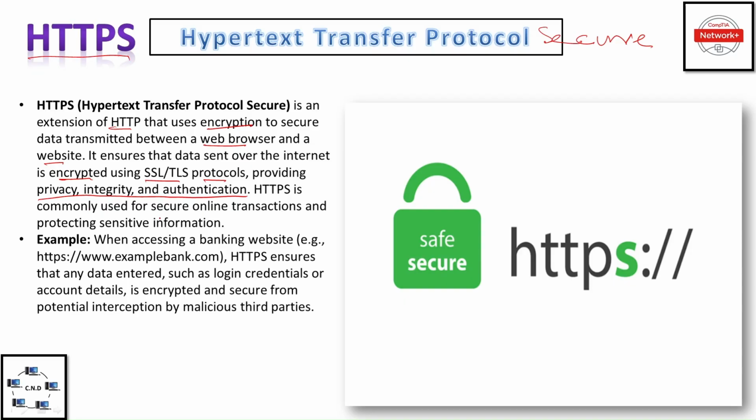HTTPS is commonly used for secure online transactions and protecting sensitive information. For example, when accessing a banking website, for example, https://www.examplebank.com, HTTPS ensures that any data entered, such as login credentials or account details, is encrypted and secure from potential interception by malicious third parties.